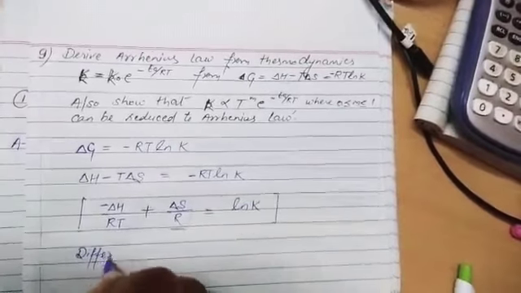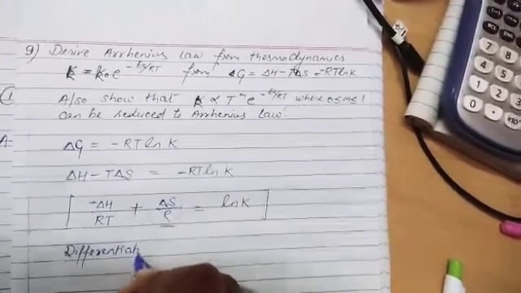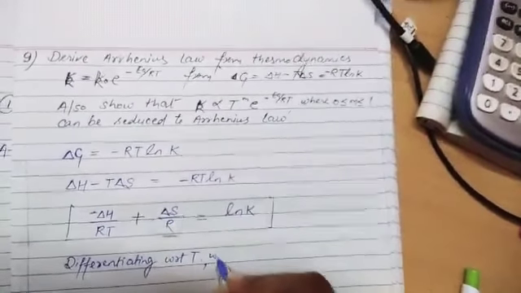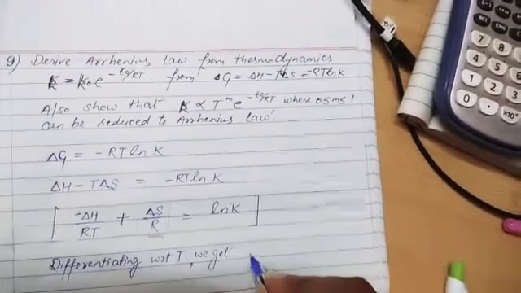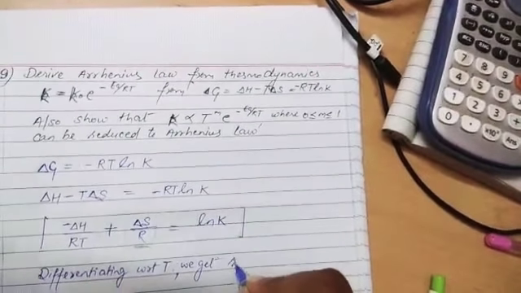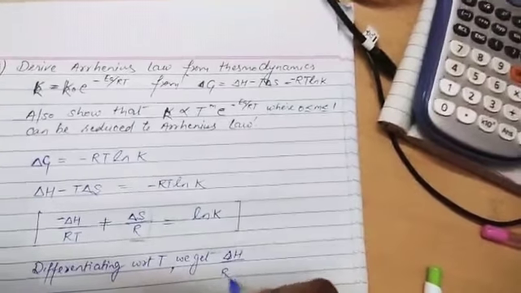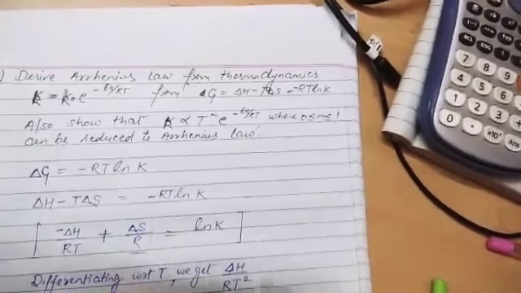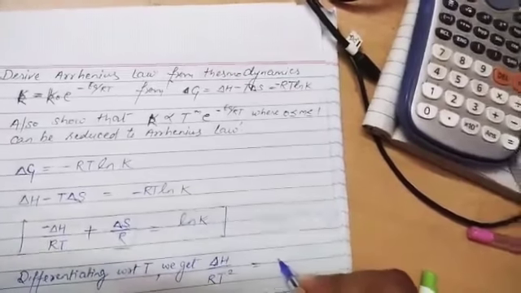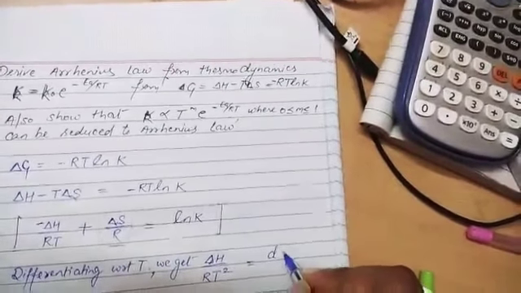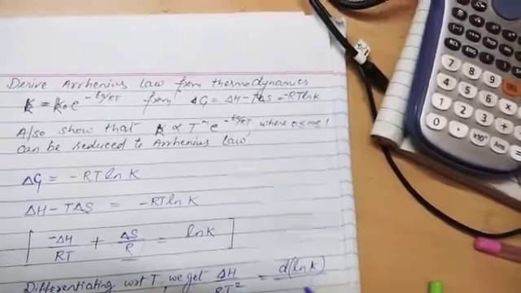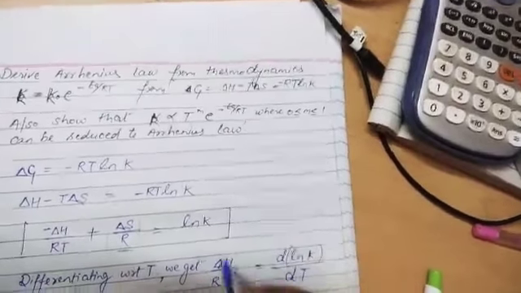Differentiating with respect to temperature, we get delta H upon RT square, because the derivative of 1 by T is minus 1 by T square, is equal to d ln K upon dT.